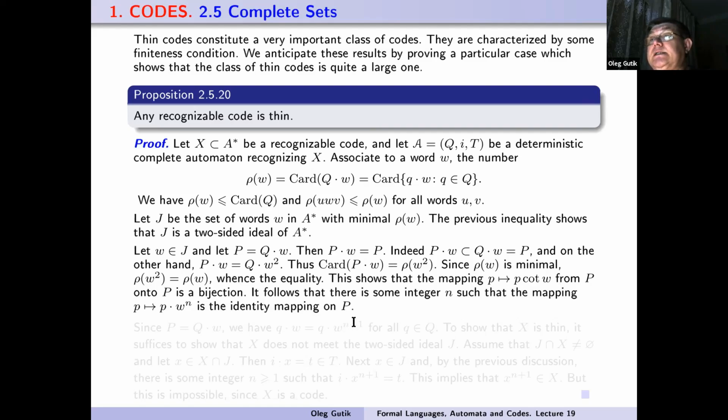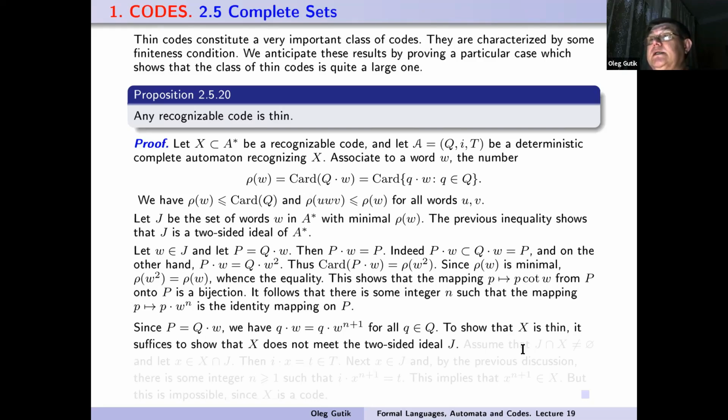It follows that there exists some integer n such that the mapping of P, p goes to p multiplied by w to the power n, is the identity mapping on P. Since P is Q multiplied by w, we have that Q multiplied by w is equal to Q multiplied by w to the power n plus 1 for all q in the set of states Q.